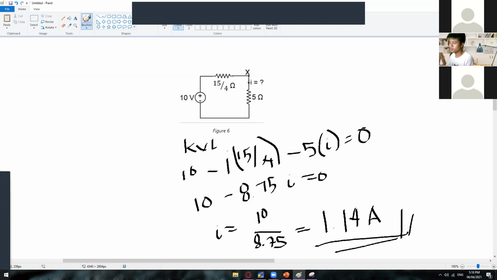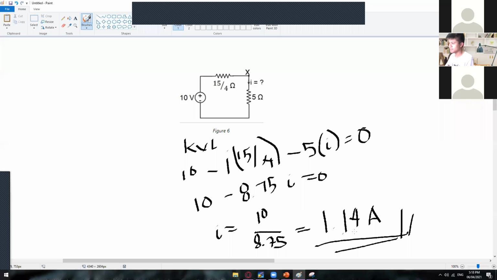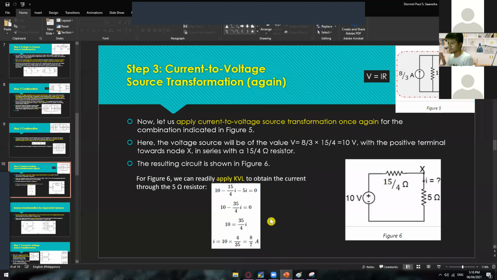This is the current that is flowing on this node X, or this 5 ohm resistor. Let's check. We have here 8/7. What is 8/7? 8/7 is 1.14 amps. So we have the same answer. Just apply KVL, and then you will get the current that is flowing here already.